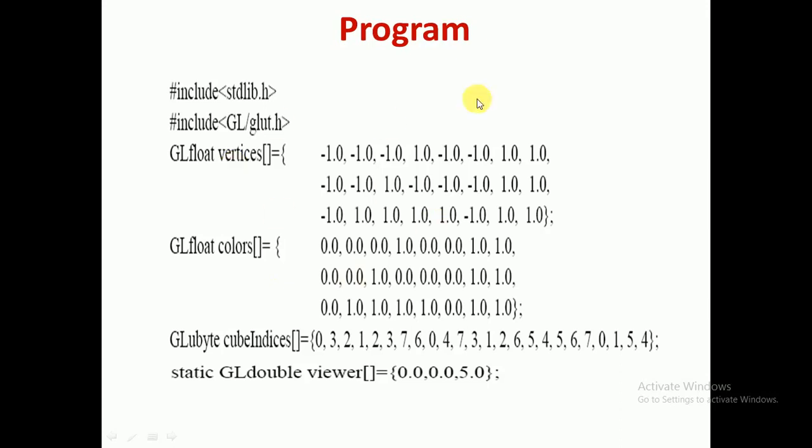Next we will go directly to the program. Here, as I told, we are drawing a cube, then we are seeing that cube from different positions, which means we are moving our camera. Suppose there is a tree at a constant point and you are moving around the tree.